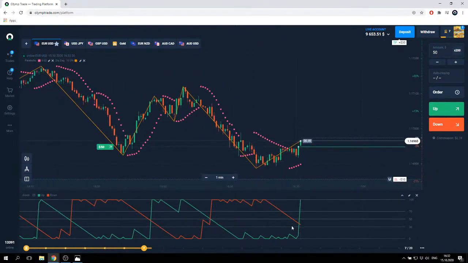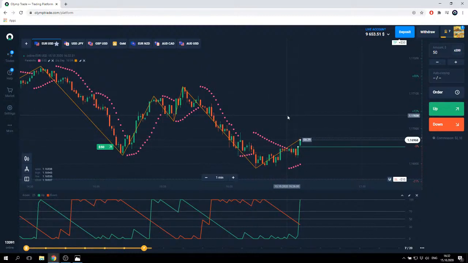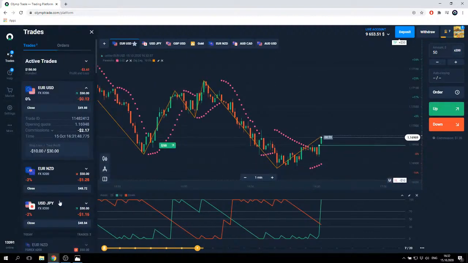Because here you see the crossover is also there, that means the trend is going to change, right? So guys, in Forex we don't have a time constraint, so we can set up our take profit and stop loss, and whenever we want to close our trade, we can absolutely close by just clicking here, right? Close, we can go ahead and click that trade.